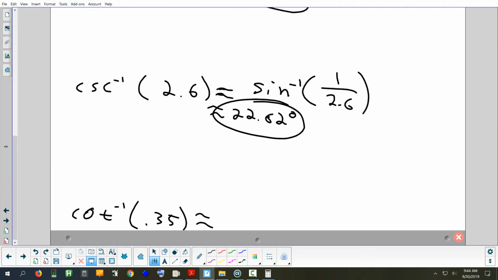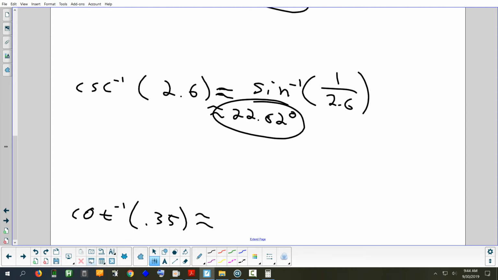Okay, and last one. Inverse cotangent. Stephen, do I have an inverse cotangent button? No. So what trig function am I going to use instead? Sine. So we use sine when we're dealing with a cosecant problem. What trig function would we use when we're dealing with a cotangent problem?